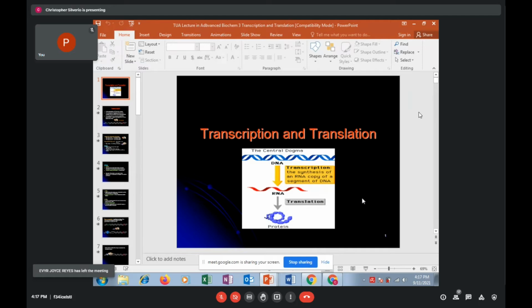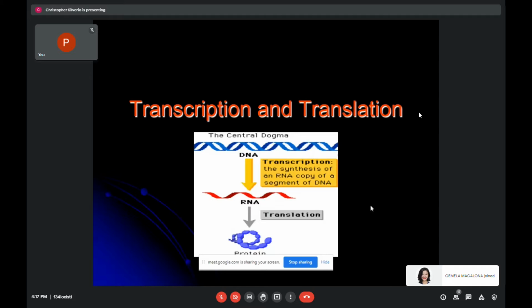Transcription and translation: transcription of the DNA and translation of the messenger RNA. This is the central dogma of transcription and translation.